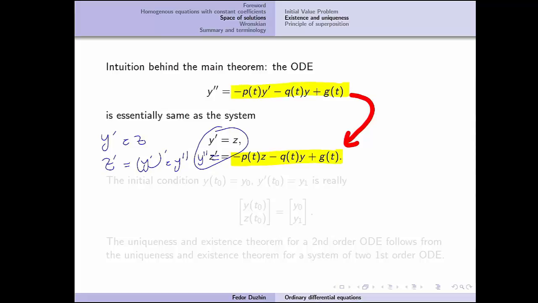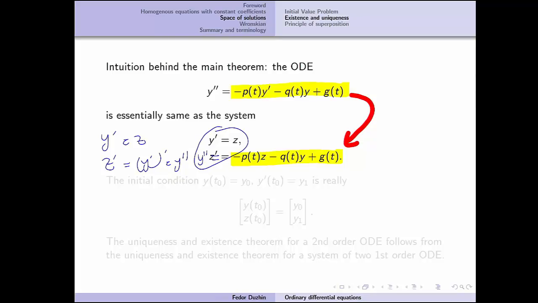And so that's why the system of two first-order differential equations that we just constructed is actually the same in a way. I mean that it has the same solutions. So if y satisfies the original second-order ODE, then the same function y satisfies the system if you let z be the derivative of y, and vice versa.